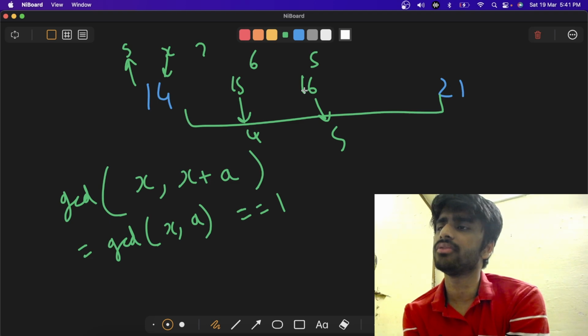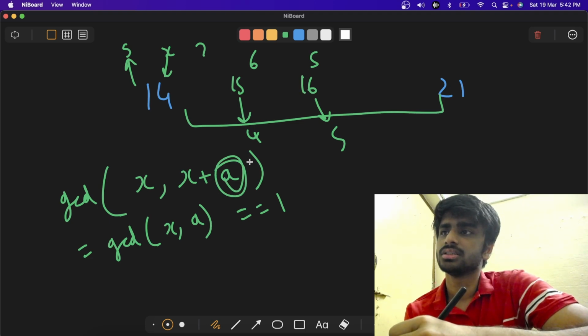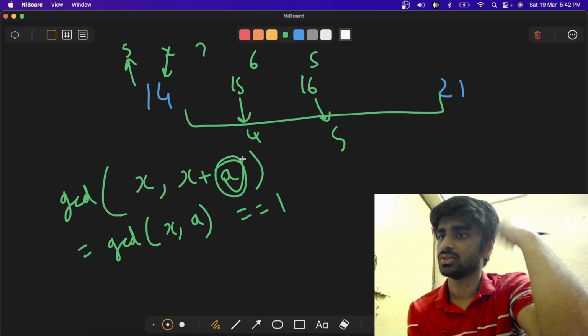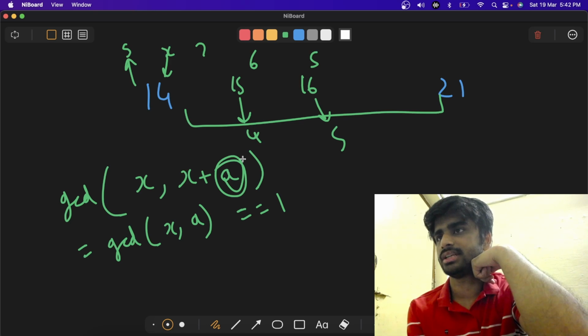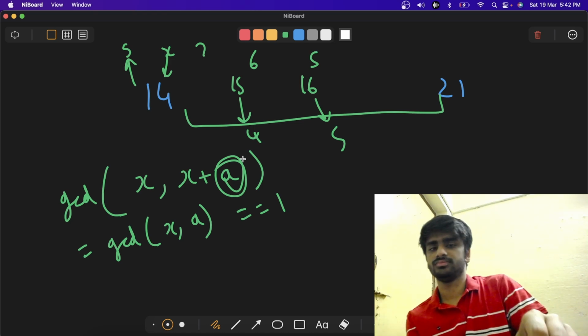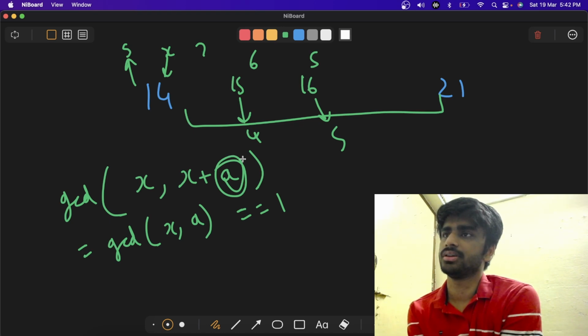Or maybe we can think of it in some other direction. If we choose the a first, then it's about picking something that is coprime to that in that range. If we pick 7, we cannot do it.